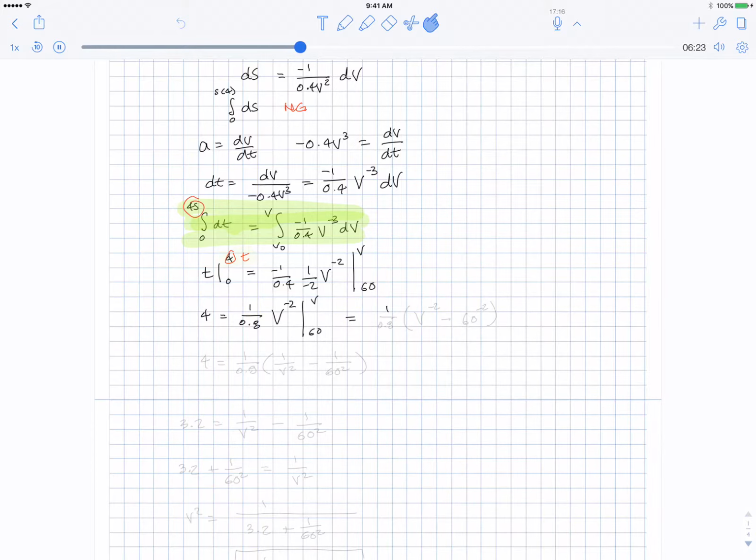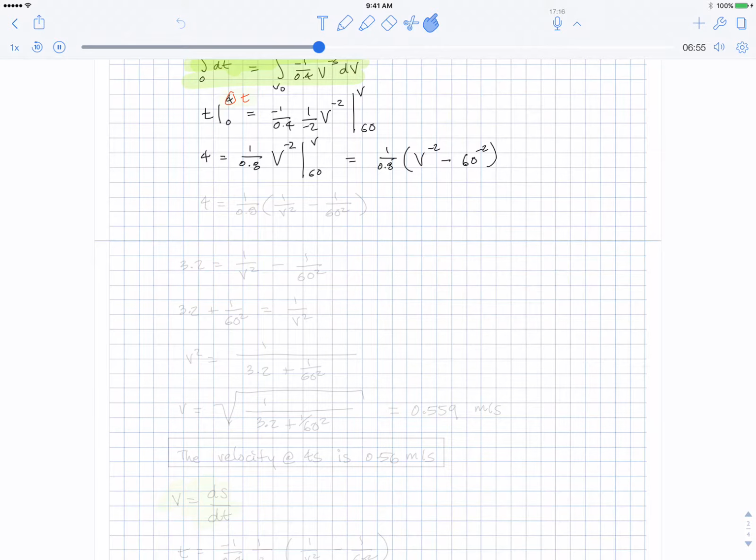That equals 1 over 0.8 times v to the minus 2 minus 60 to the minus 2.